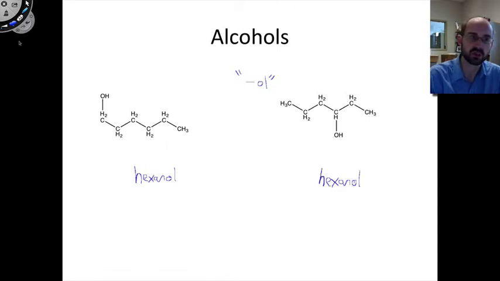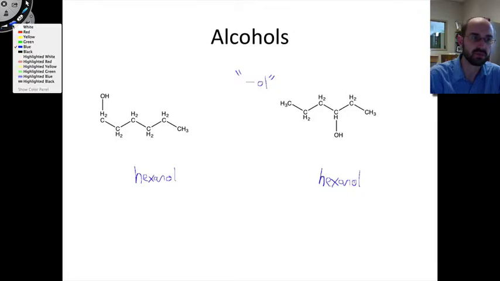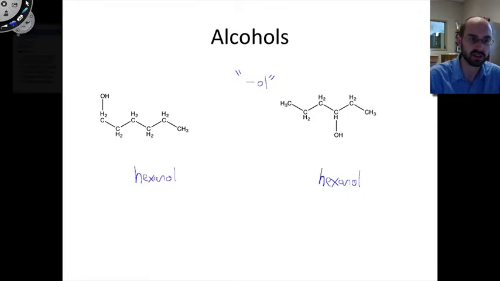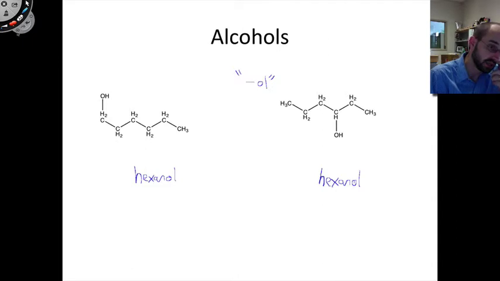So in this case, what we need to do is number our carbons. We number the carbons from one end of the chain or the other, and we start with the end closest to the alcohol. So this one, it's pretty straightforward. The alcohol is on the end, so that becomes the 1 carbon, 2, 3, 4, 5, 6. On this side, we have 2 choices.